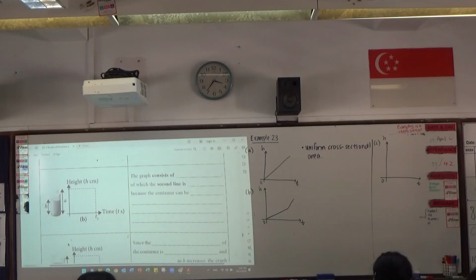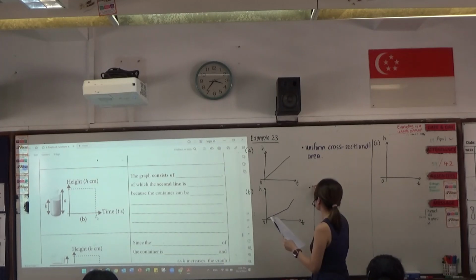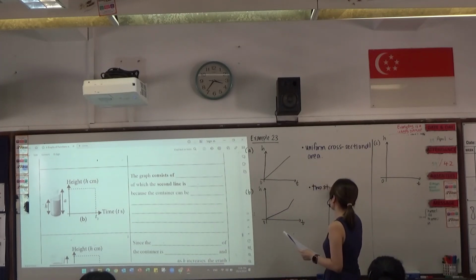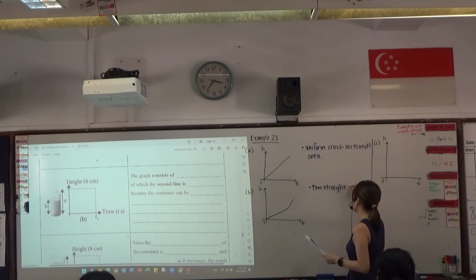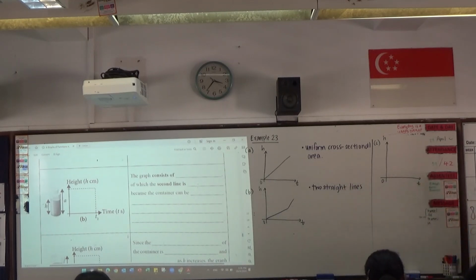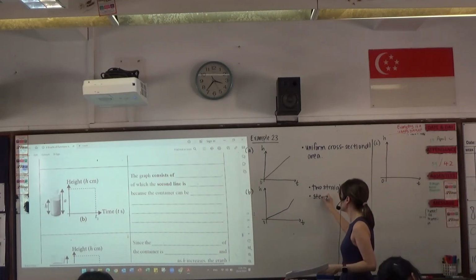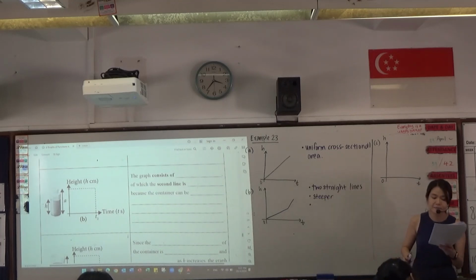So the explanation. The graph actually consists of two segments or two straight lines. So the first blank is two straight lines, of which the second line is actually steeper. That's for the second blank.